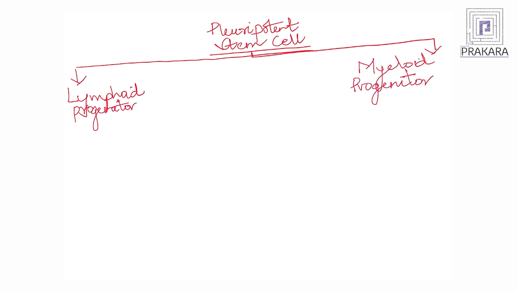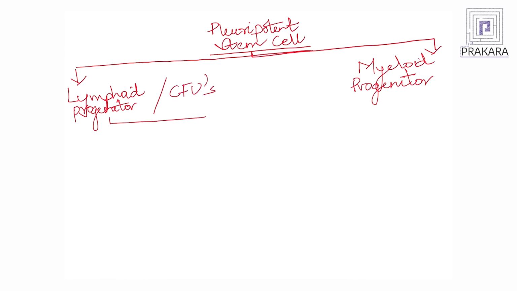The lymphoid and myeloid progenitor lines are together known as multipotent or colony forming units because these form various clusters of cells. Hence, the progenitor cells are also known as colony forming units.